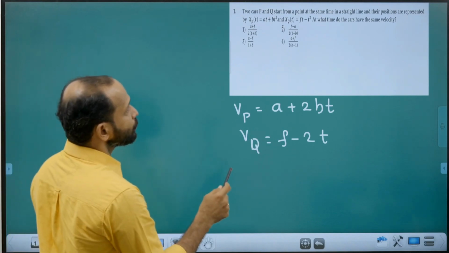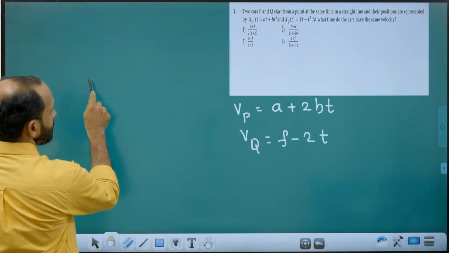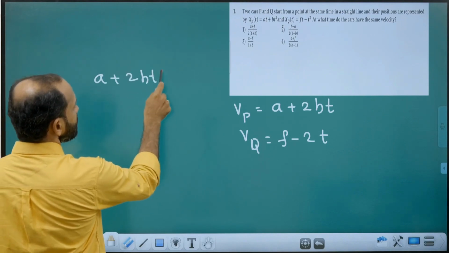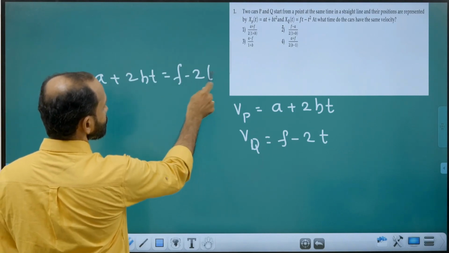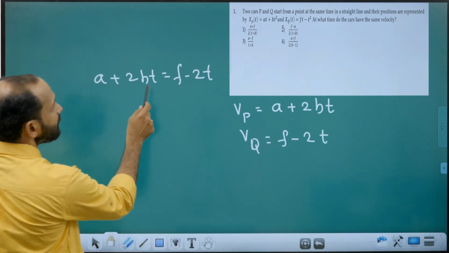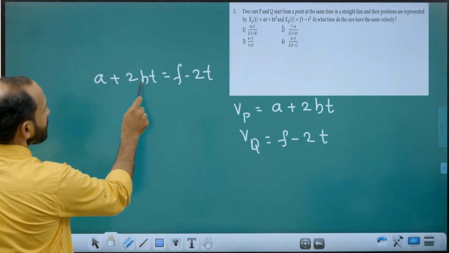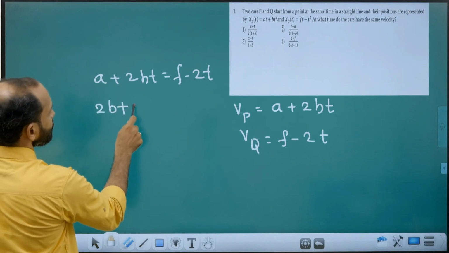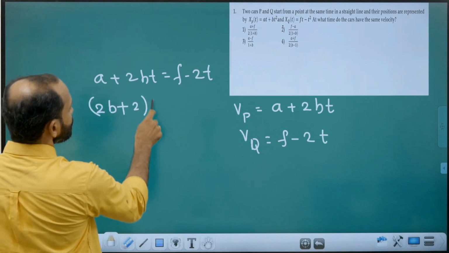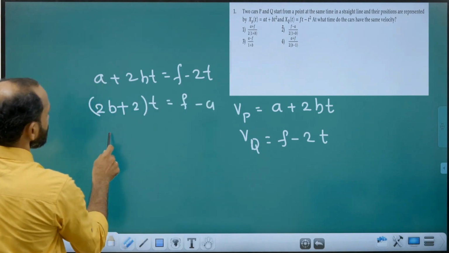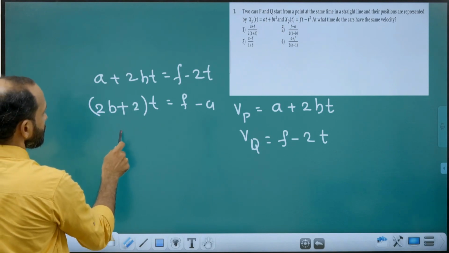At what time do the cars have the same velocity? That is Vp is equal to Vq. That is a plus 2bt is equal to f minus 2t. From this we have to find the time t. So taking t common, (2b plus 2) into t is equal to f minus a. 2 also can be taken outside as common.